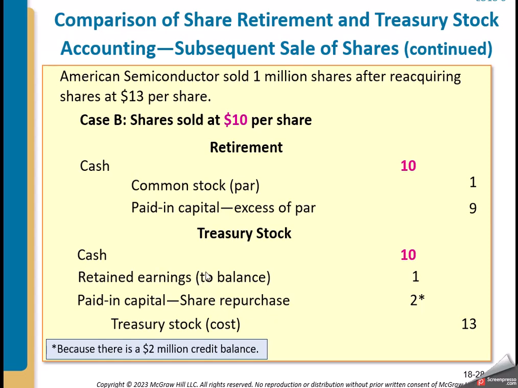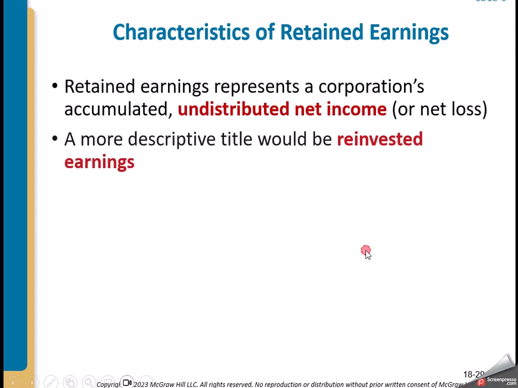In this case, it's a loss because we sold it for less. So we have to take out what is in our paid-in capital share repurchase account, but only up to the amount that's in there. We can't let that become a debit balance. It either has to be a credit or a zero. So in this case, we're zeroing it out, and then the remainder is going to go into retained earnings, again because we can't record a loss or a gain.